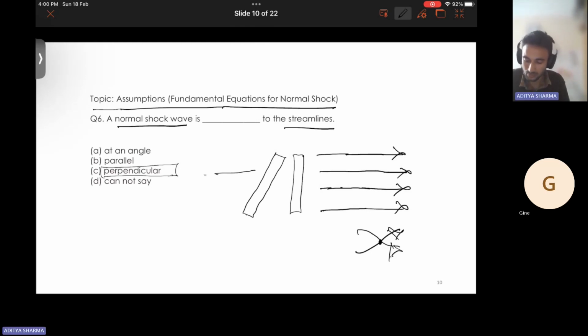Or like this. Just trying to draw there. This is our A option, this is our B option, this is our parallel.